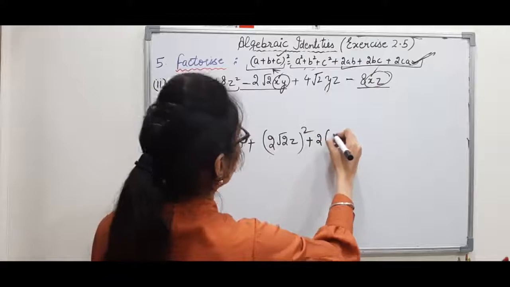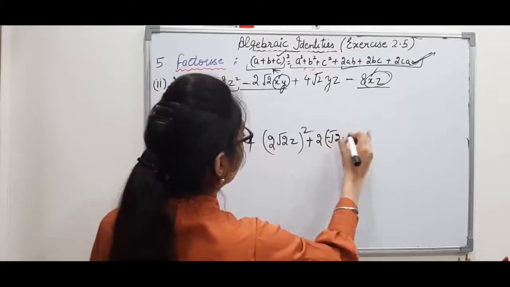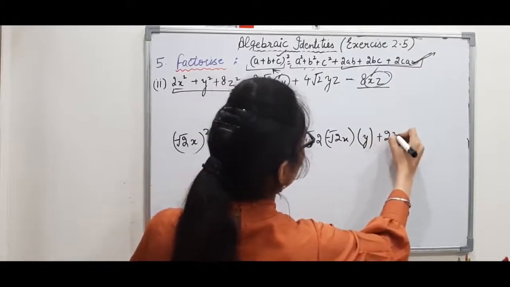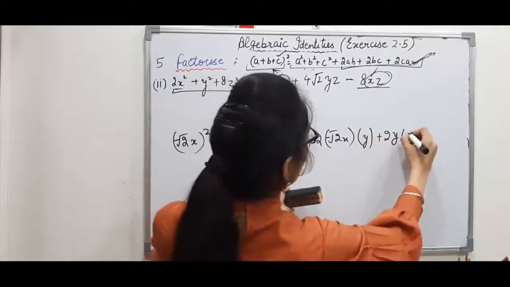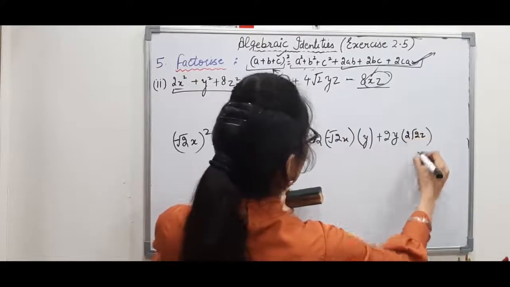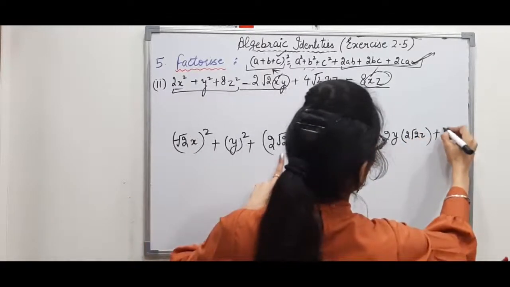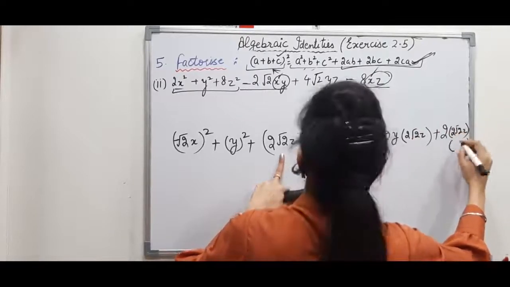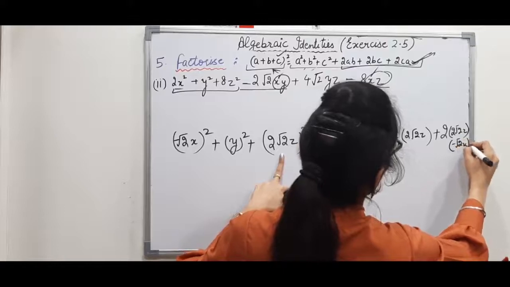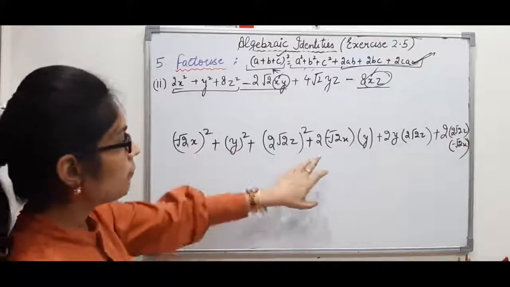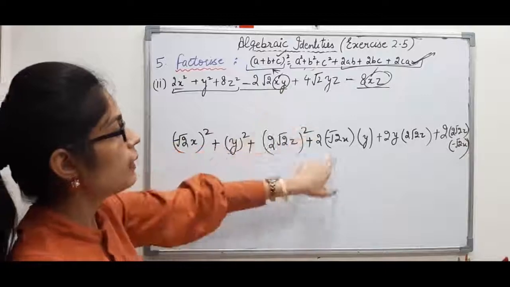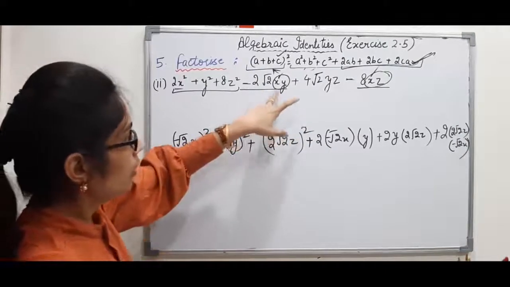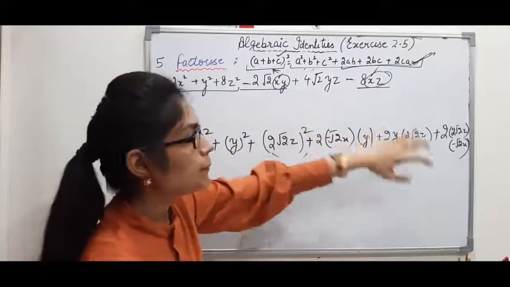This is 2 root 2x, b is y, plus 2bc, b is y, c is 2 root 2z, plus 2ca, 2 root 2z, a is minus root 2x. So now if you multiply, you will get the same terms. If you multiply this term you will get minus 2 root 2 xy, and the other terms you will get the same way.